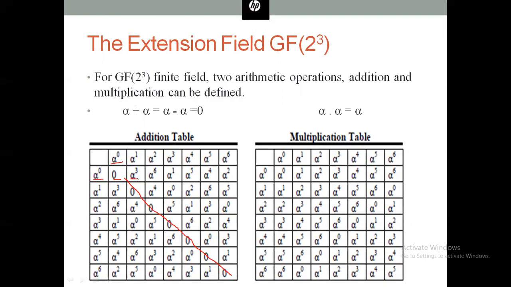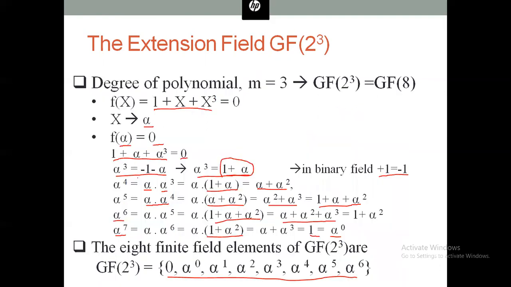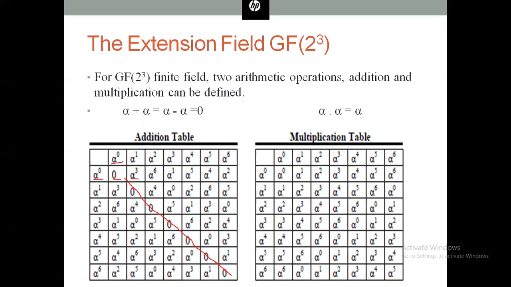You have seen this in the previous slide. So alpha naught plus alpha is equal to alpha 3, and 1 plus alpha 2 is equal to alpha 6.